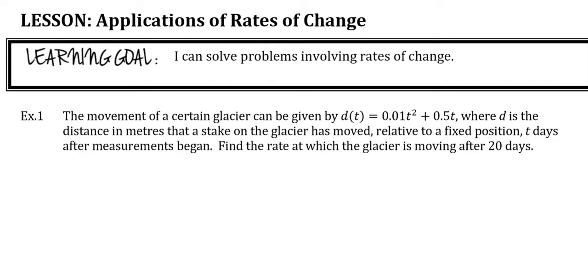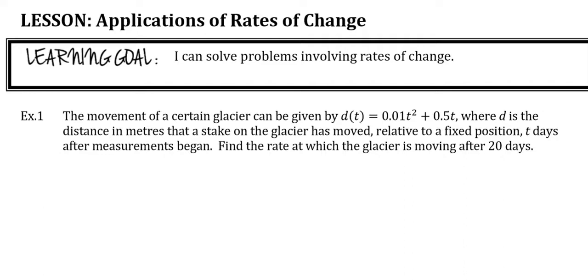Let's take a look at this example. The movement of a certain glacier can be given by this function, d at t, where d is the distance in meters that a stake on the glacier has moved. That's just pinpointing one particular position on the glacier, because glaciers are big.